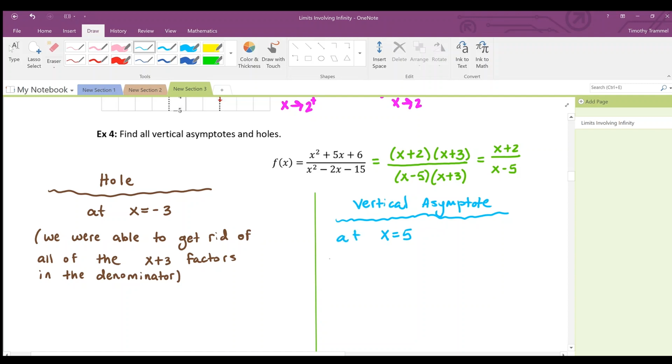And the way that we can tell this, just by looking at the little bit of algebra we did here, is we were not able to get rid of all of the x minus 5 terms.